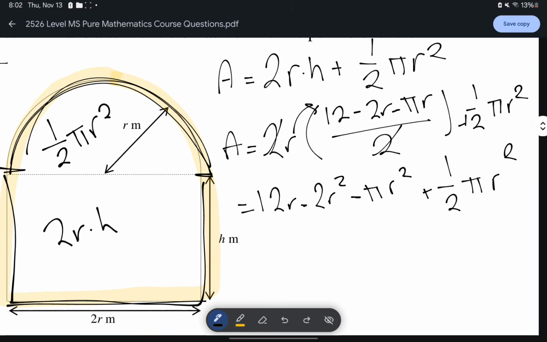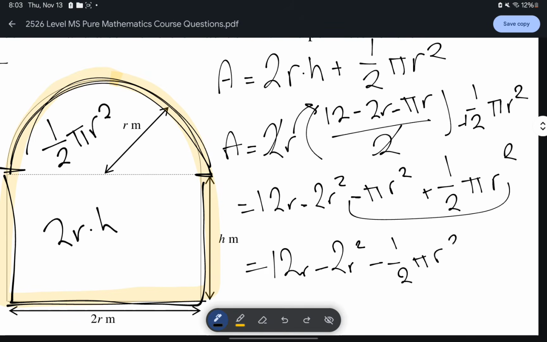Now in the end here we get 12r minus 2r squared, and then minus 1 plus 1 over 2, so it's minus 1 over 2 pi r squared.